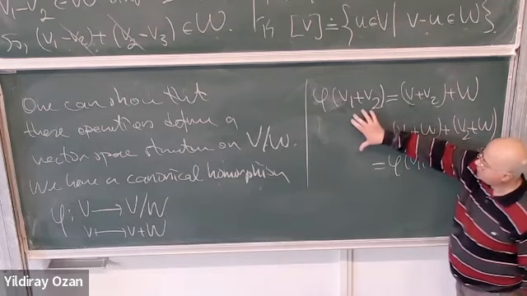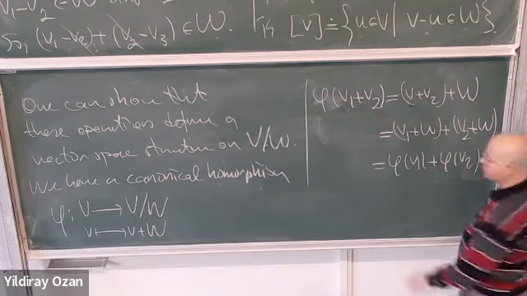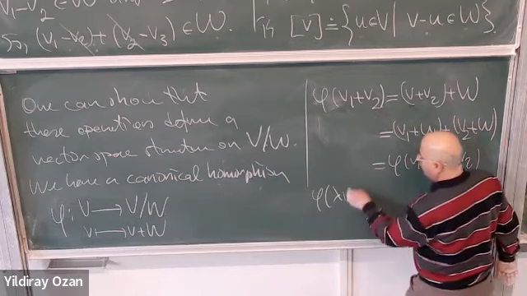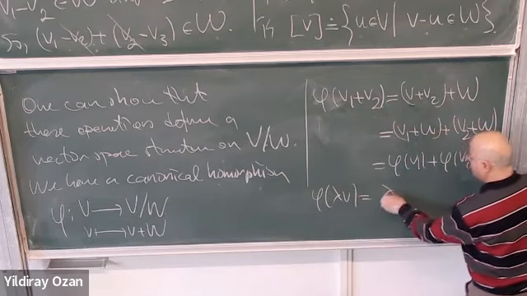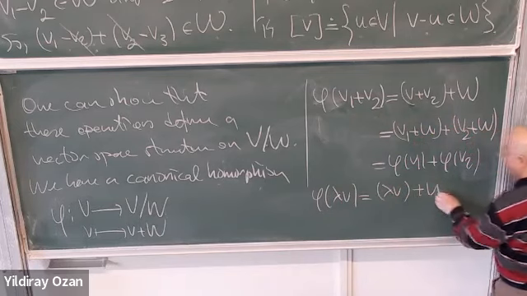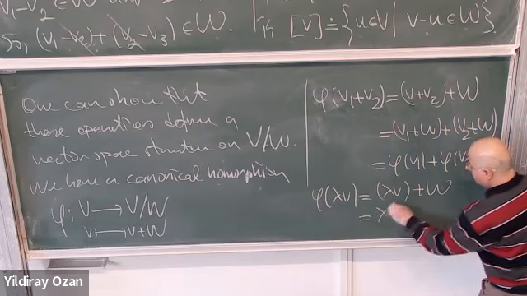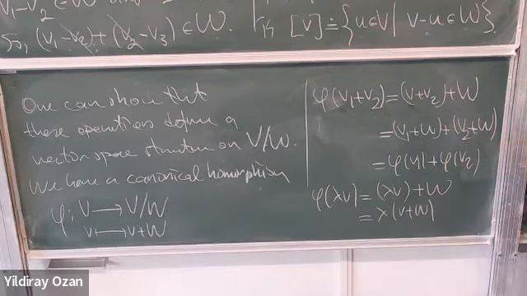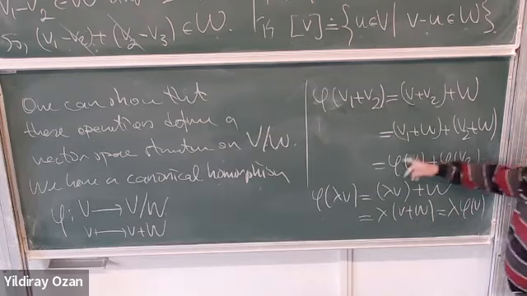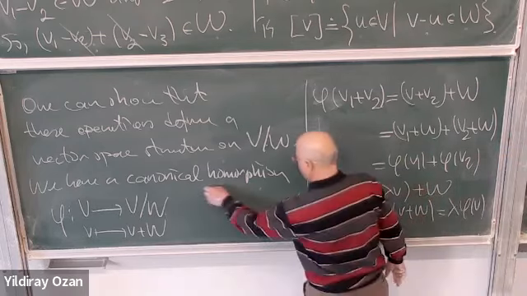Therefore, it preserves addition. What about scalar multiplication? It is lambda V plus W, which by our definition of scalar multiplication is lambda times phi of V. So this is a homomorphism.